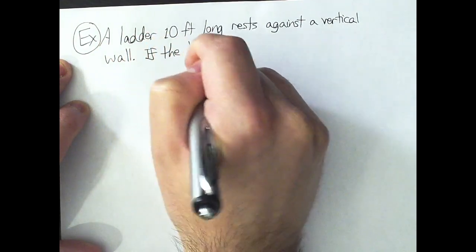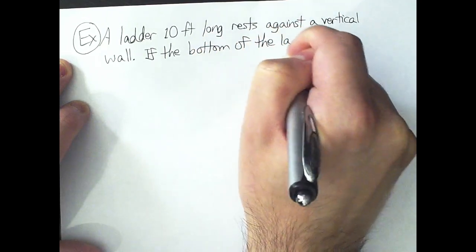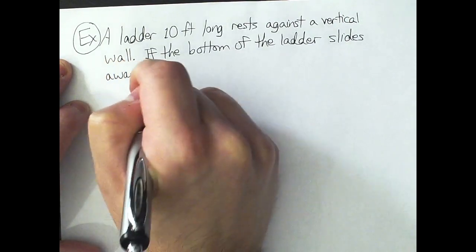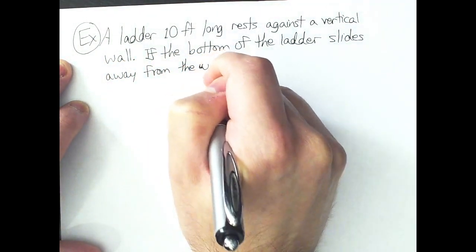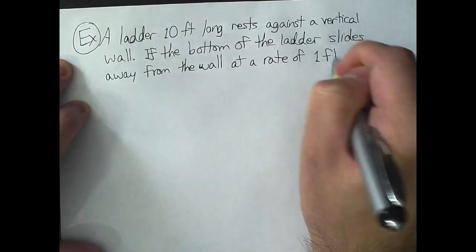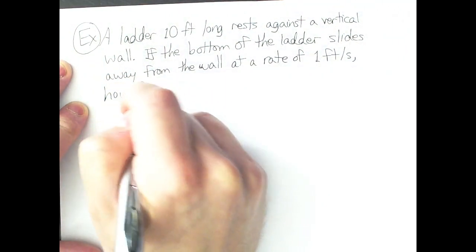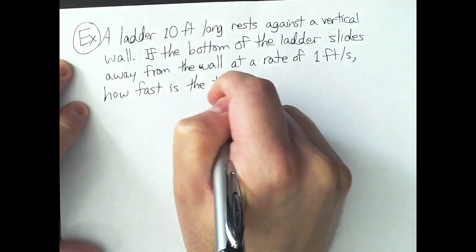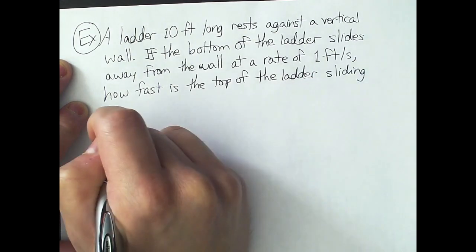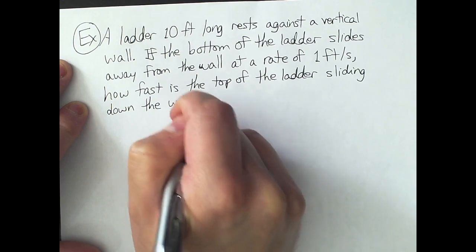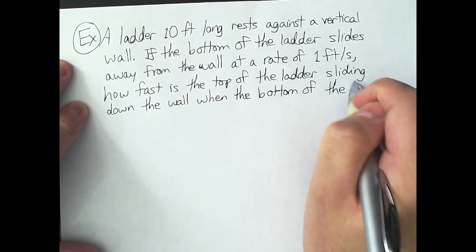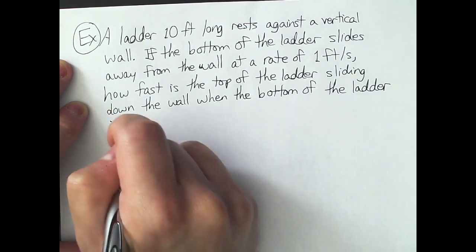If the bottom of the ladder slides away from the wall at a rate of 1 foot per second, how fast is the top of the ladder sliding down the wall when the bottom of the ladder is 6 feet from the wall?